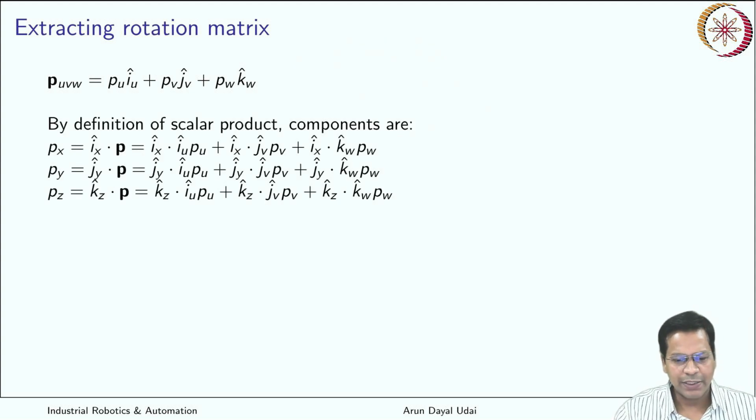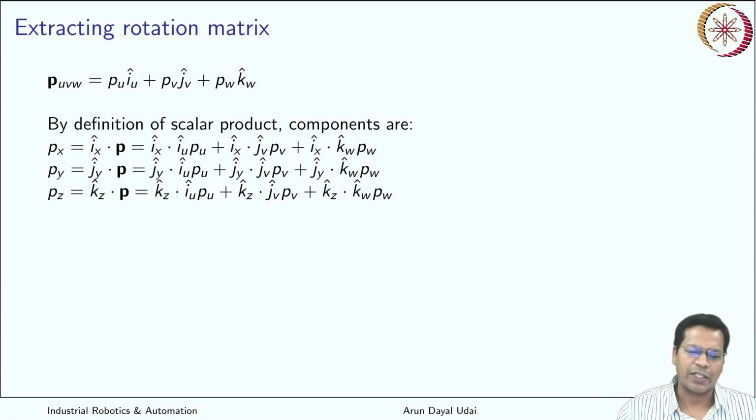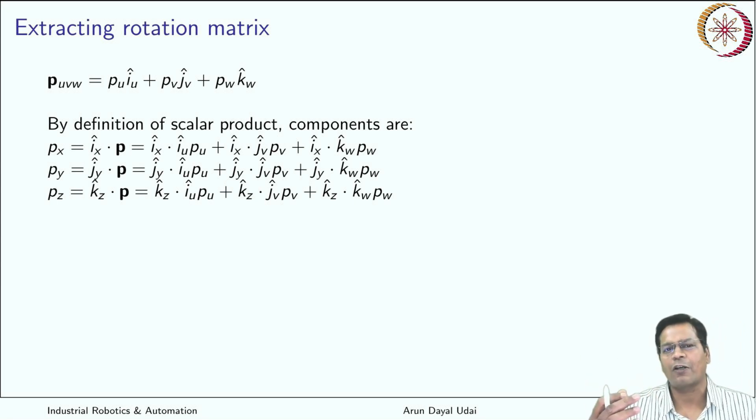By the scalar product definition, if we have to project a vector along any of the axes, I can directly take a unit vector along that axis and take the dot product with the given vector. The dot product has the capacity to project that vector along the direction of the unit vector.